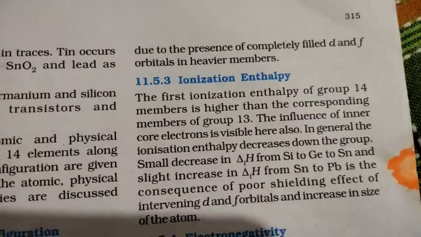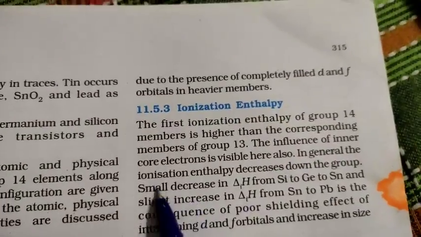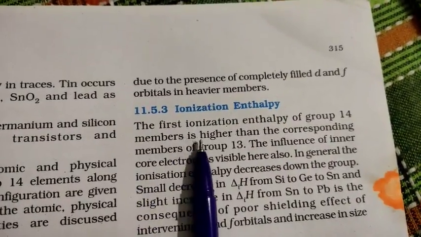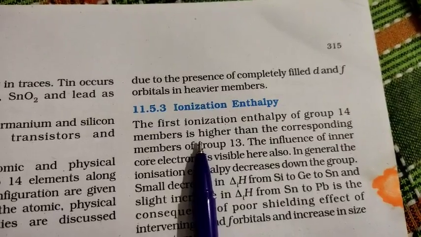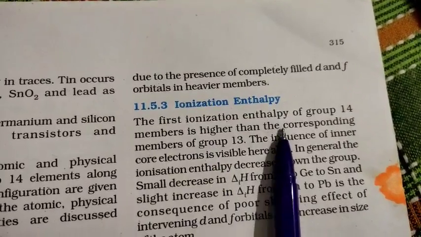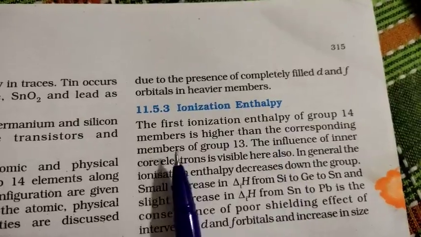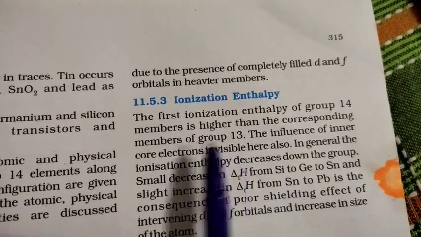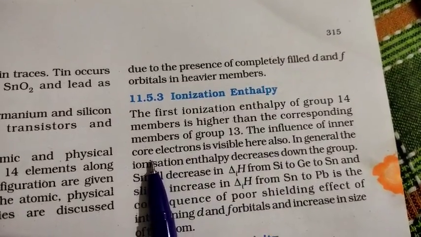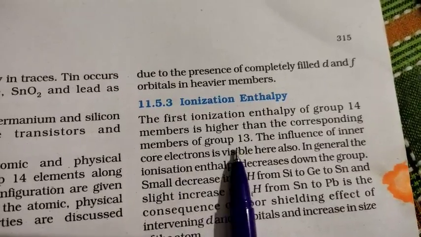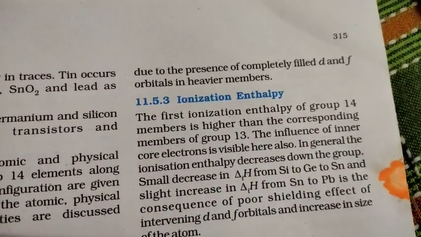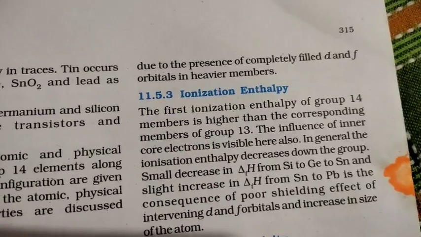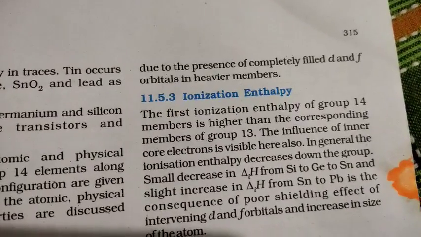Why does this happen? When we were in group 13, for boron it was just 2p1, right? For carbon, now it is 2p2. So the electrons are entering the same orbital, the 2p orbitals only, so the nuclear charge is increasing. Hence it is difficult for us to remove those electrons from the same shell.